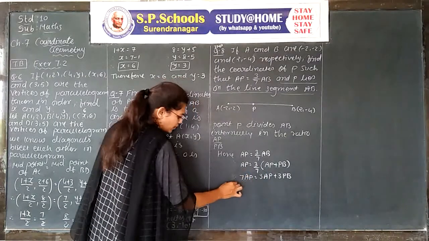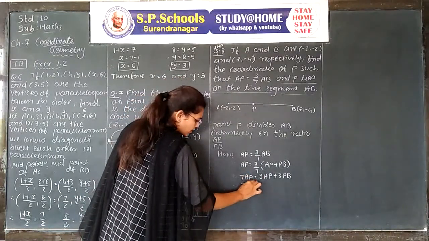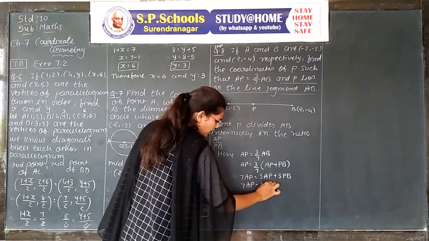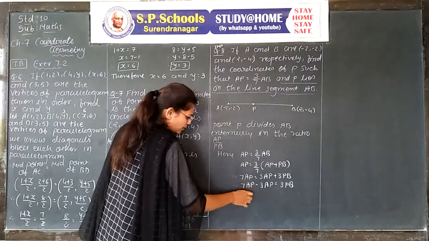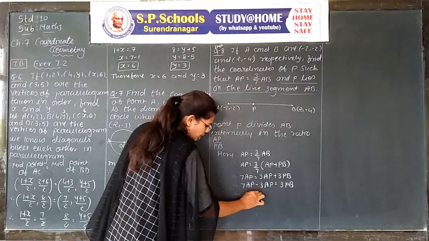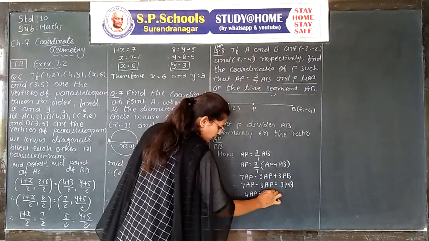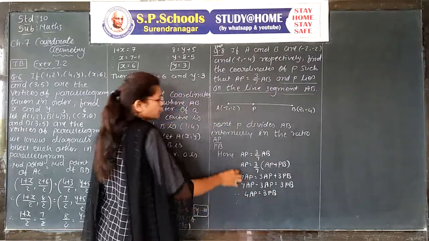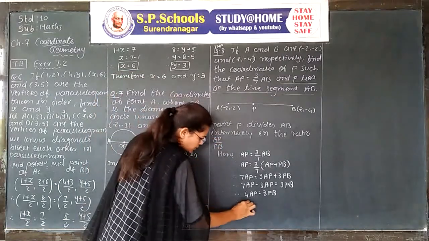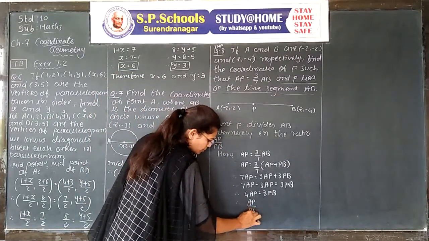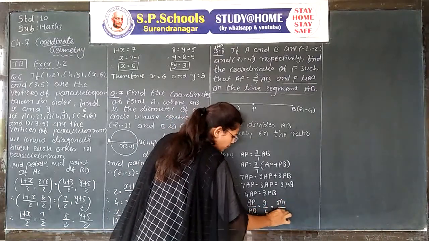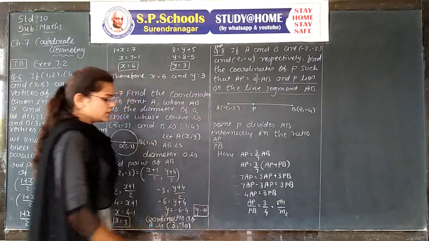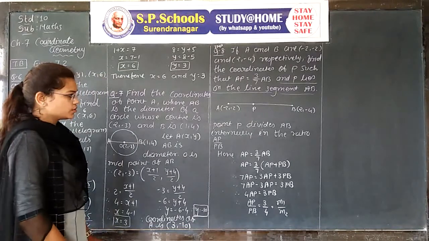Shift 3AP from the right hand side to the left hand side. 7AP minus 3AP is equal to 3PB. Therefore 7 minus 3 is 4, so 4AP is equal to 3PB. By making AP upon PB the subject, AP upon PB is equal to 3 upon 4, which is m1 upon m2, where m1 is equal to 3 and m2 is equal to 4.